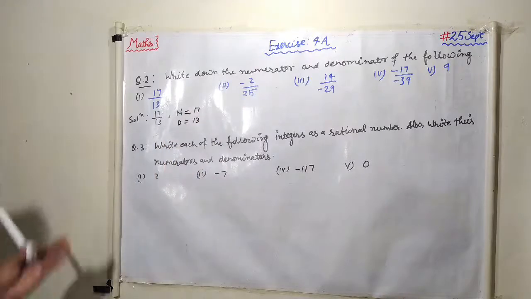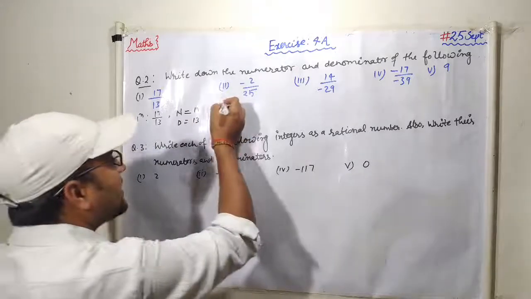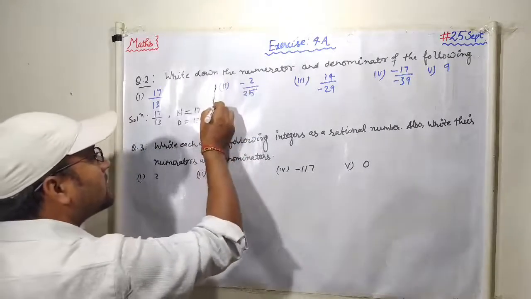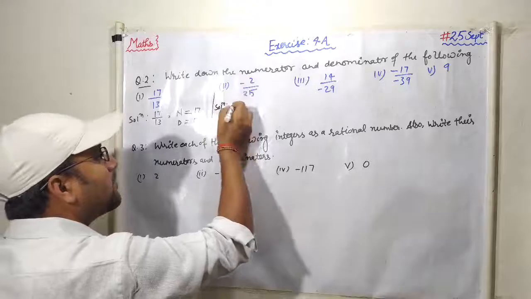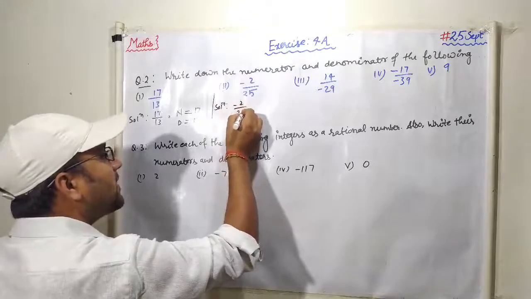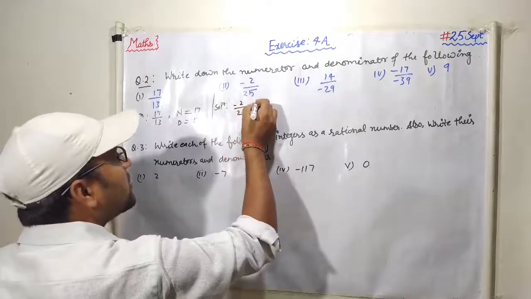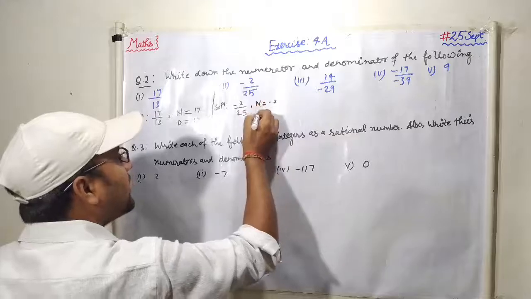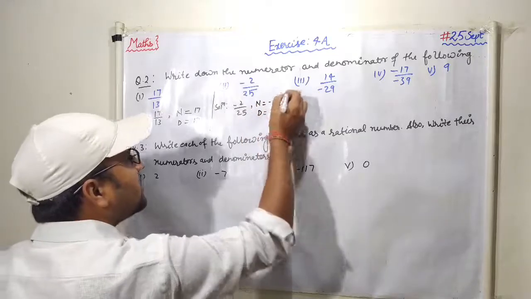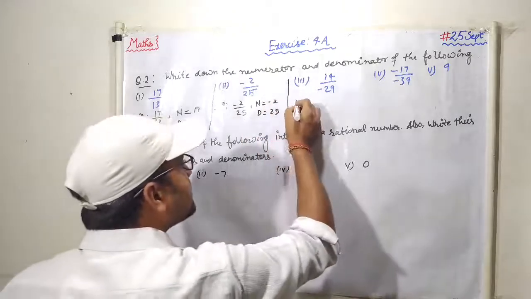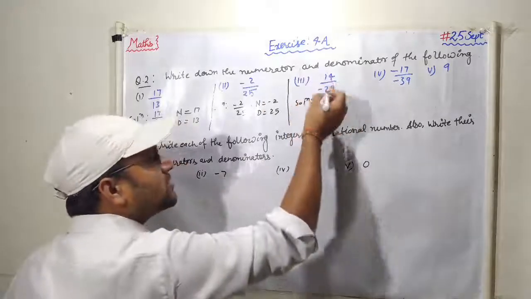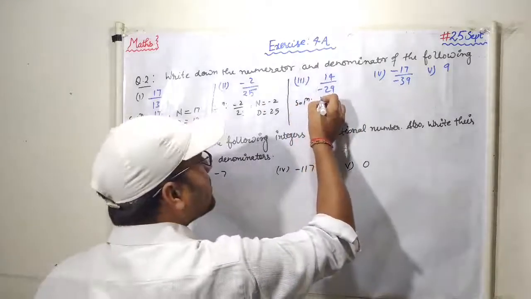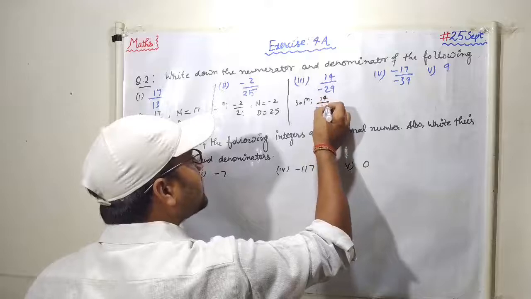Same for the second, minus 2 upon 25. Numerator is equal to minus 2 and denominator is equal to 25. Now question number third, 14 upon minus 29.